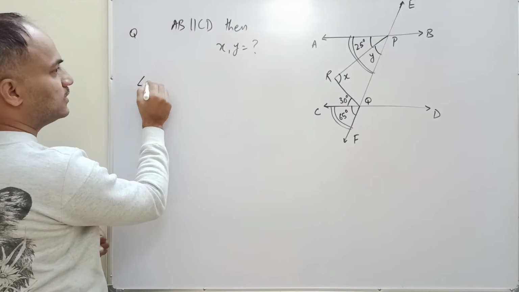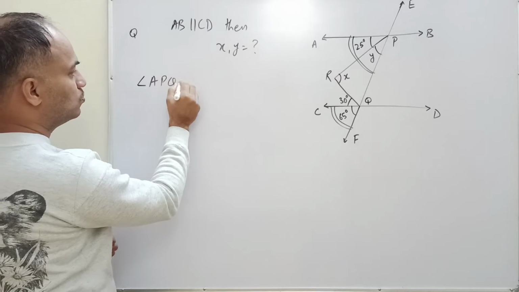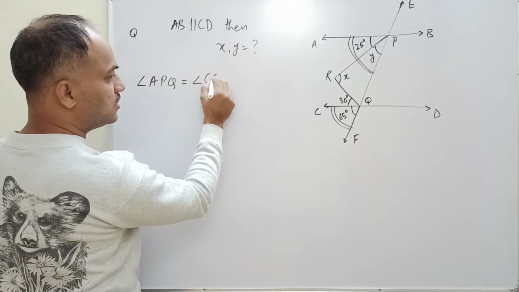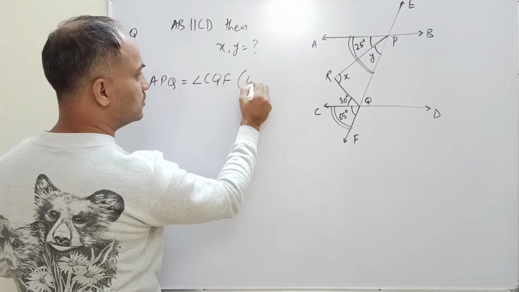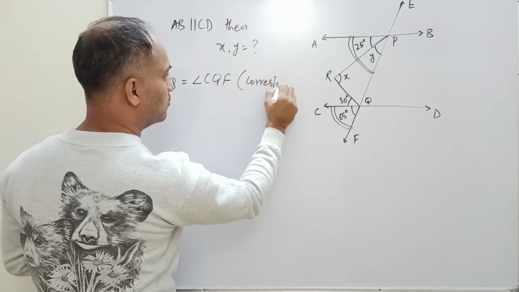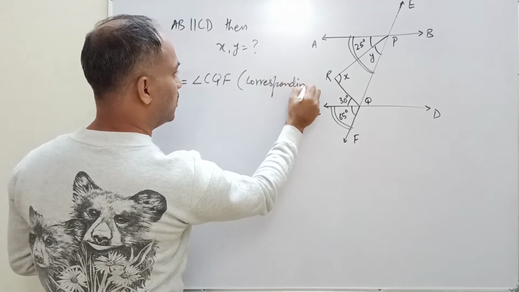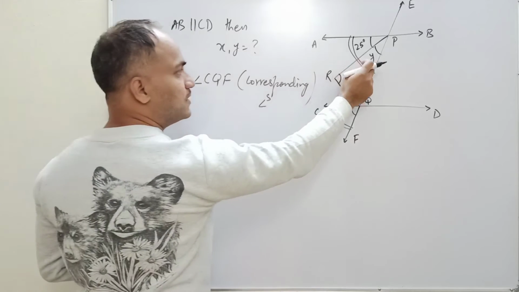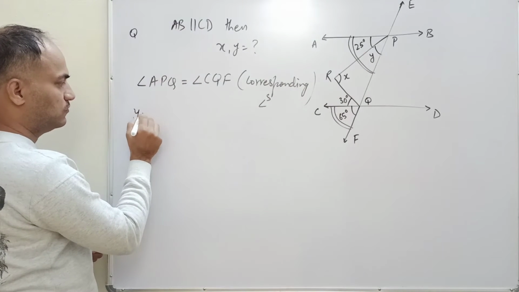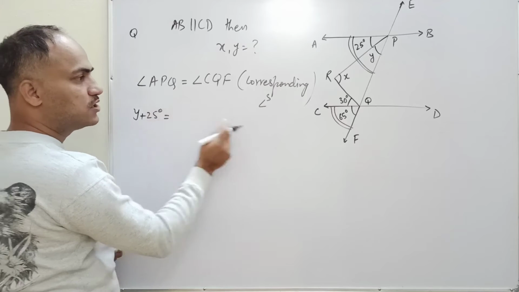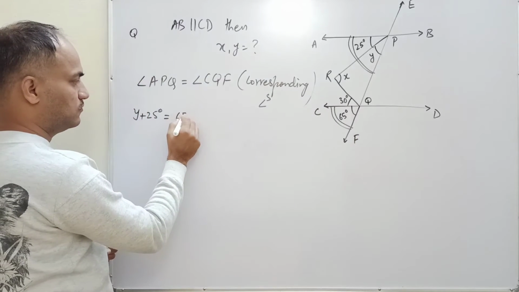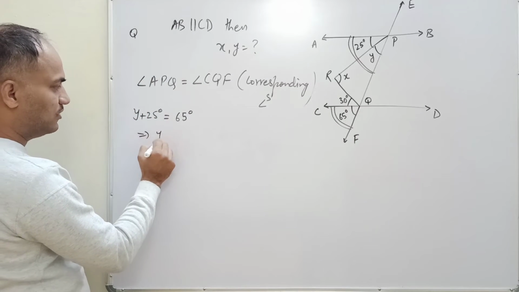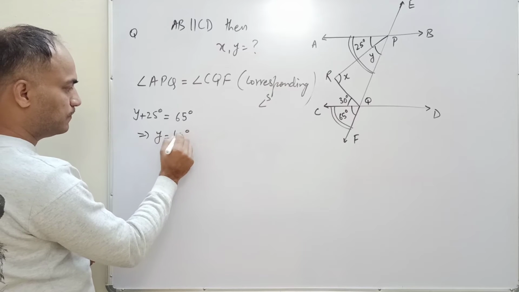So angle APQ is equal to angle CQF. Reason? Corresponding angles. Fine. So y plus 25 will be equal to 65. So from here we get y is 40 degrees.